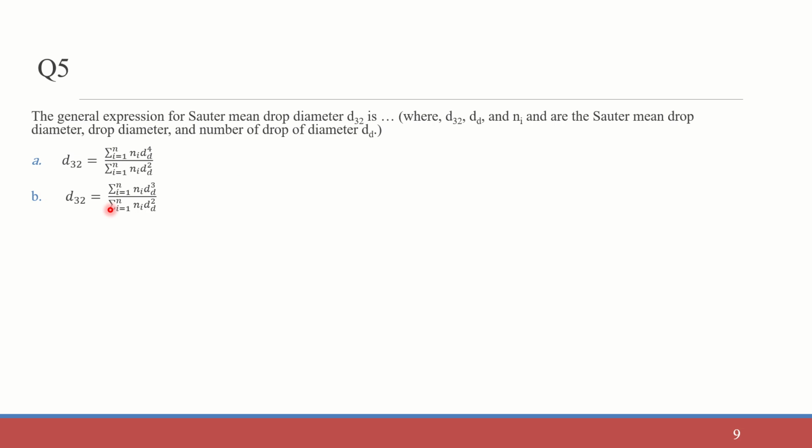Option B, D32 is equal to summation of i equal to 1 to n Ni dd cube divided by summation of i equal to 1 to n Ni dd square. Option C, D32 is equal to summation of i equal to 1 to n Ni dd cube divided by summation of i equal to 1 to n Ni square dd square. Option D, D32 is equal to summation of i equal to 1 to n dd cube divided by summation of i equal to 1 to n Ni square dd square.